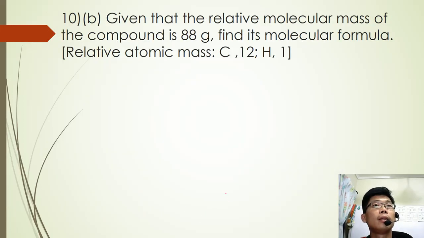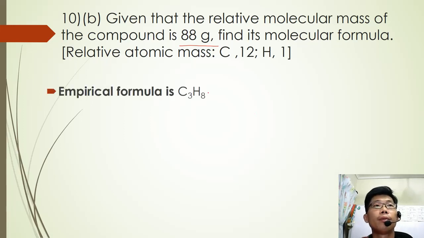Next, given that the relative molecular mass for the compound is 88, find its molecular formula. The empirical formula from A is C₃H8, and the total molecular mass is 88. So we can use the formula: the empirical formula times n gives 88.